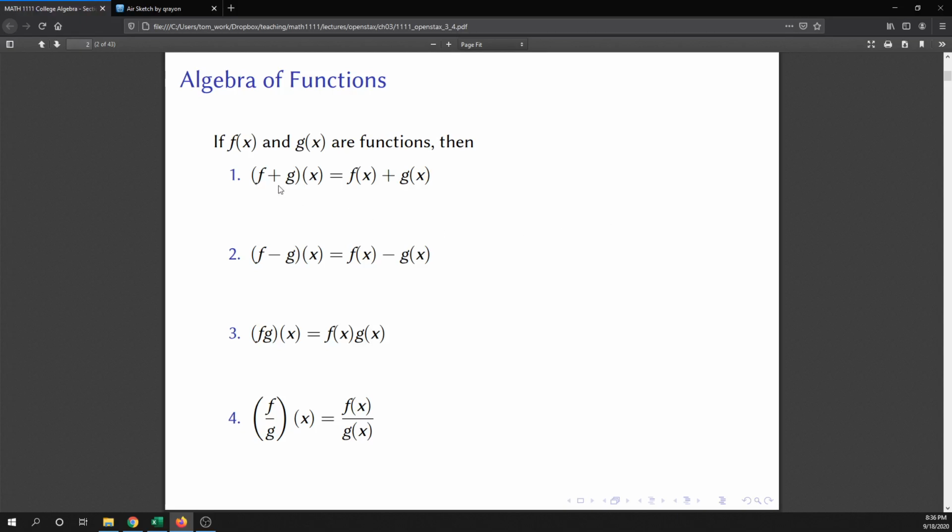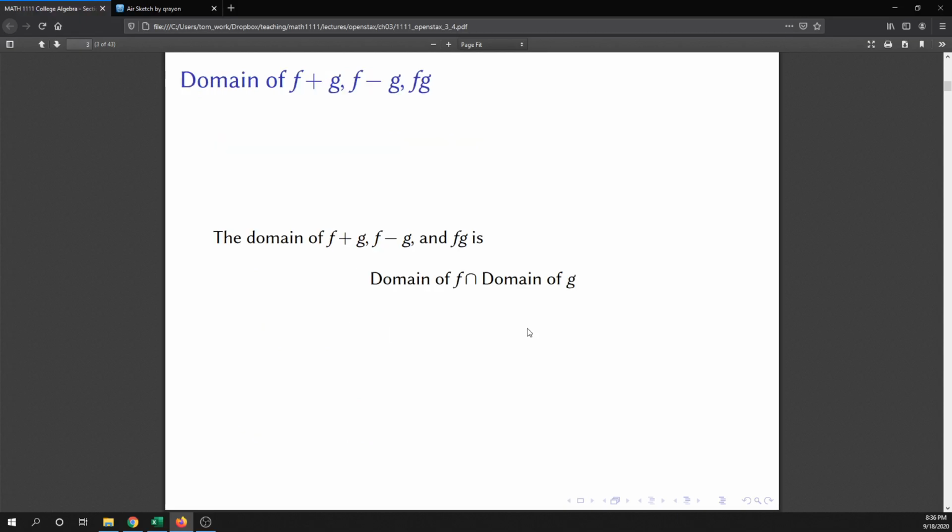Once you get past the notation, most people are fine with this. These are the ones that everybody's most comfortable with because you're already familiar with adding, subtracting, multiplying, and dividing. There's just a few algebraic things that you need to watch out for, but for the most part, people feel pretty comfortable with these.